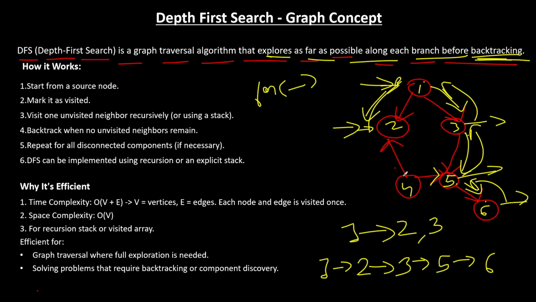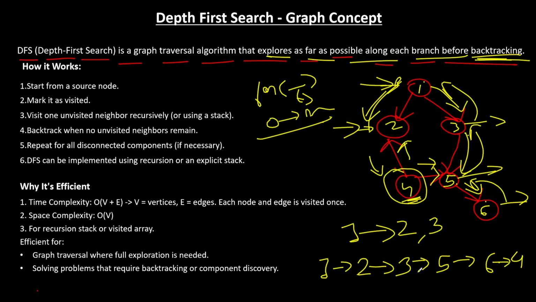It was four which was not visited. So when we go through a for loop, which basically goes from zero to n nodes, and we mark everyone visited, right? When you come to four, you say it is not visited, so you start from four here. But you cannot go to five because it is already visited, and two because it is already visited. So this is what a depth first search looks like.